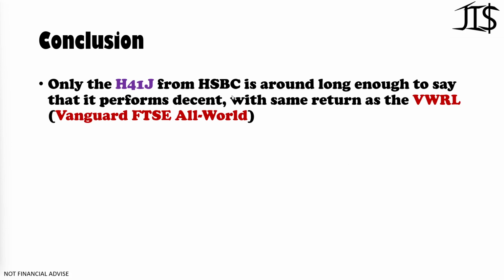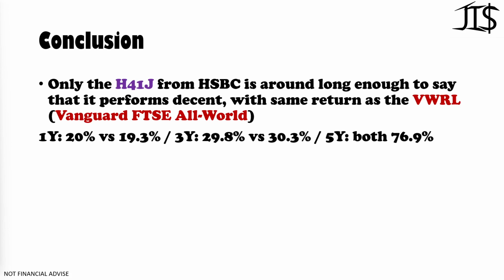As you know, this one also invests into the emerging markets and the developed markets, just like the FTSE All-World. So when you look at the performances, 20% for the H41J versus 19.3% for the VWRL, and over 3 years it's 29.8 versus 30.3.